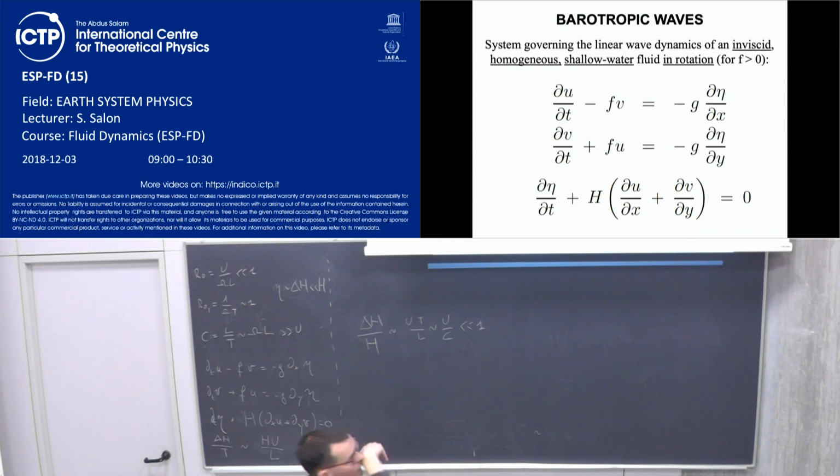Or other waves which are, for example, in the atmosphere at the discontinuity between the troposphere and the part in the stratosphere. Of course, in that case, don't forget that we also have a discontinuity related to difference in density, which here we are not considering.